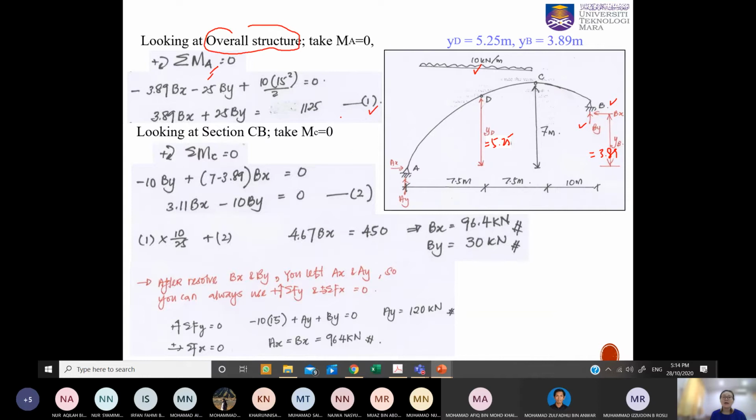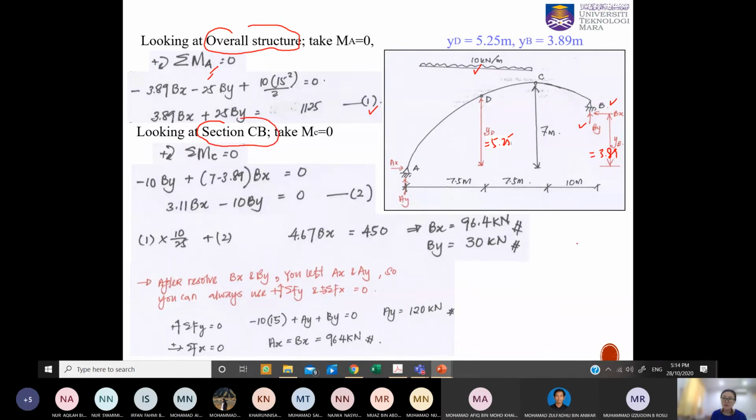Then after considering the overall system, you cut a section at C. Then you consider section CB now.